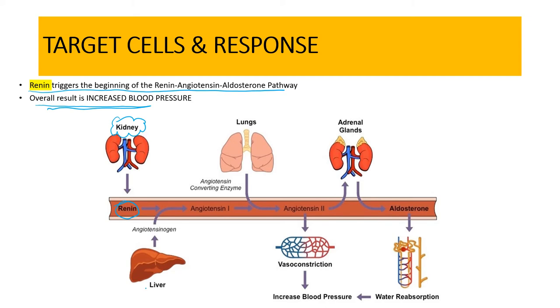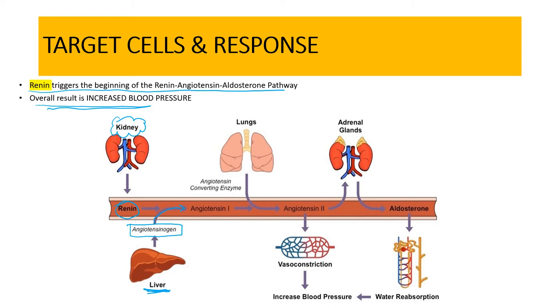Now, the liver down here, he does a lot of stuff. And the liver secretes this molecule called angiotensinogen. And it's just always secreting the molecule. So we've always got angiotensinogen floating around in the blood. So it's always in there.